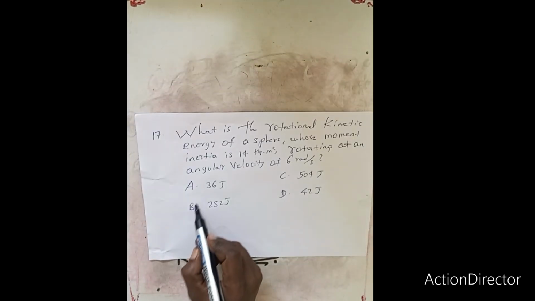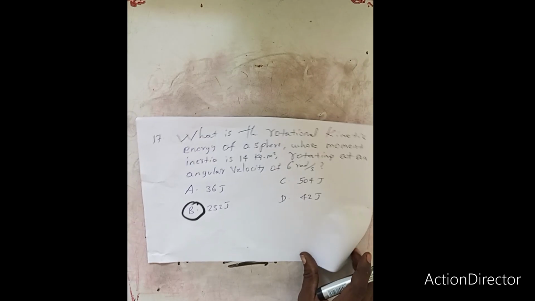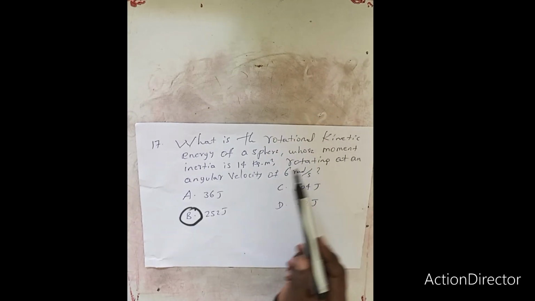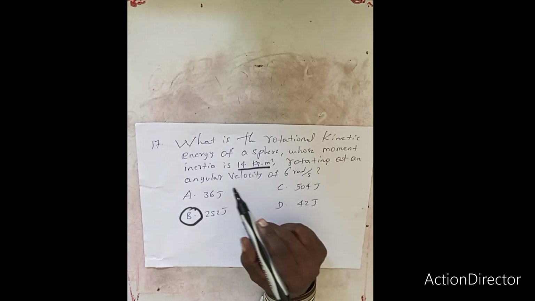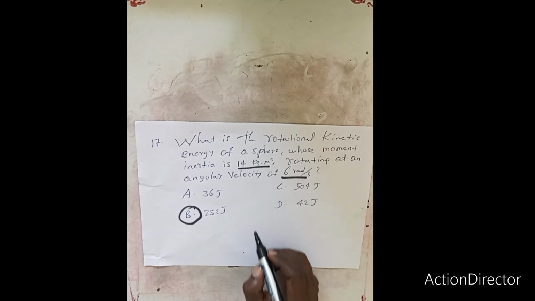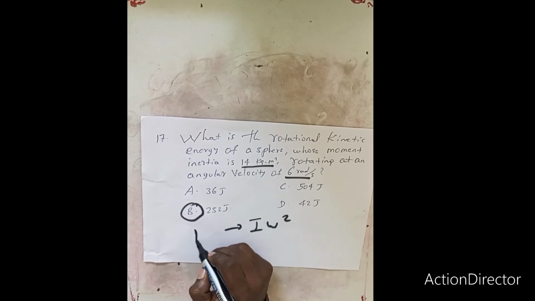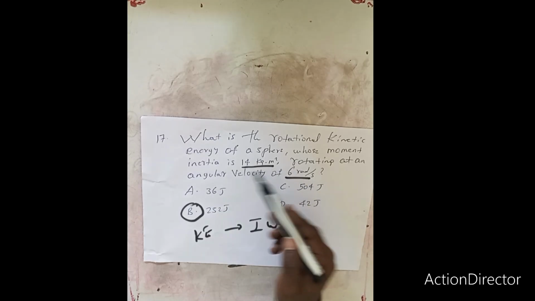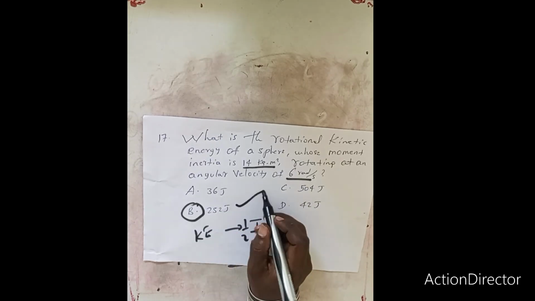So B is the correct answer, 252, for question number 17. What is given here is the I value, moment of inertia, and angular velocity. So half I omega squared gives you the kinetic energy. So 14, and this squared is 36. I use half, then you get this.